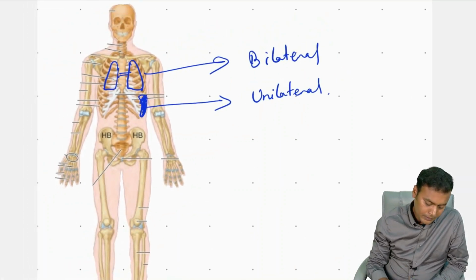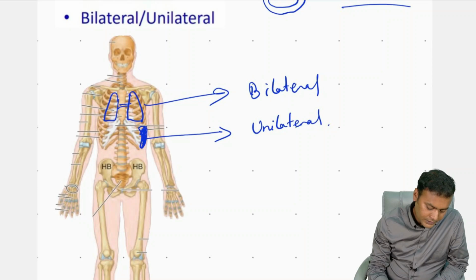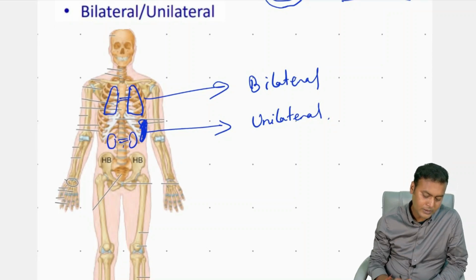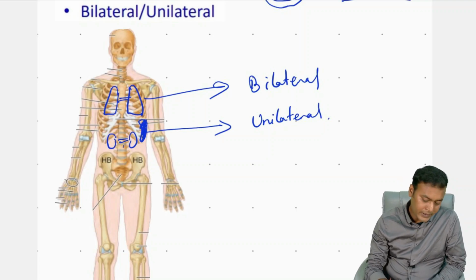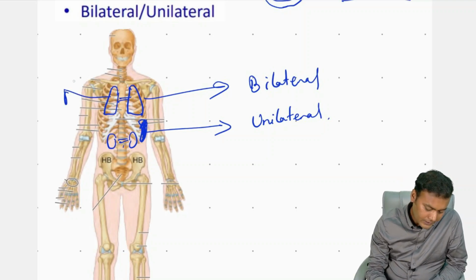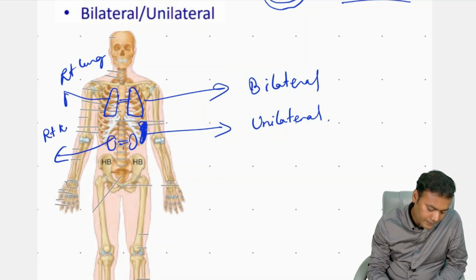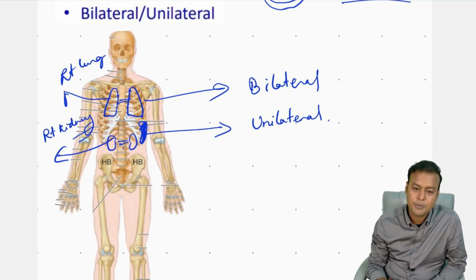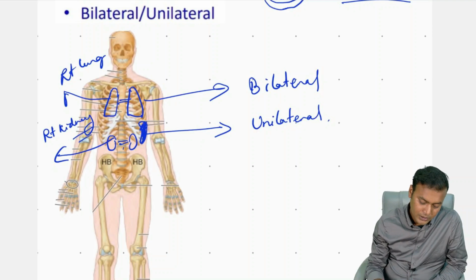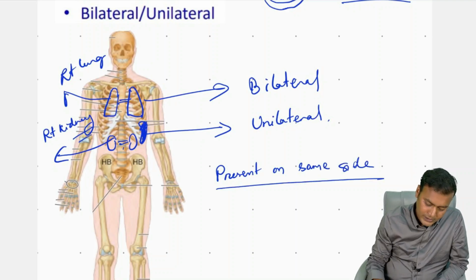Then coming to a few other terms, students, we have a pair of kidneys in the lower abdomen. If I compare the right lung with the right kidney, both these structures are present on the same side of the body. Structures which are present on the same side of the body are known as ipsilateral.